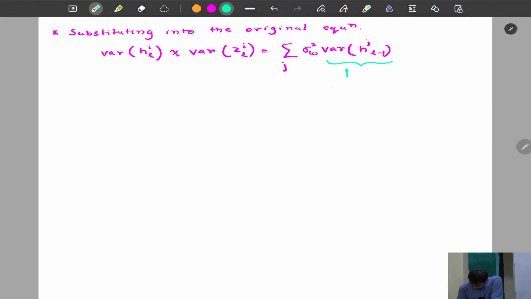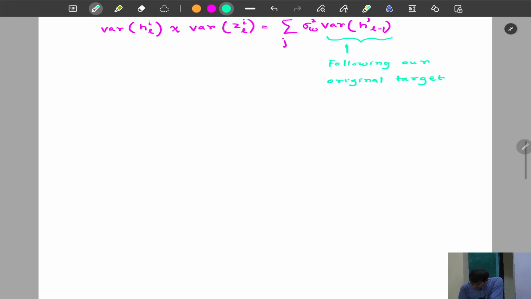So what I'm going to do is that, following our original target, variance of h L minus 1 j should be equal to 1, and it has been set when I was in variance of h L minus 2, because we are starting from variance of x, the input one, then h1.